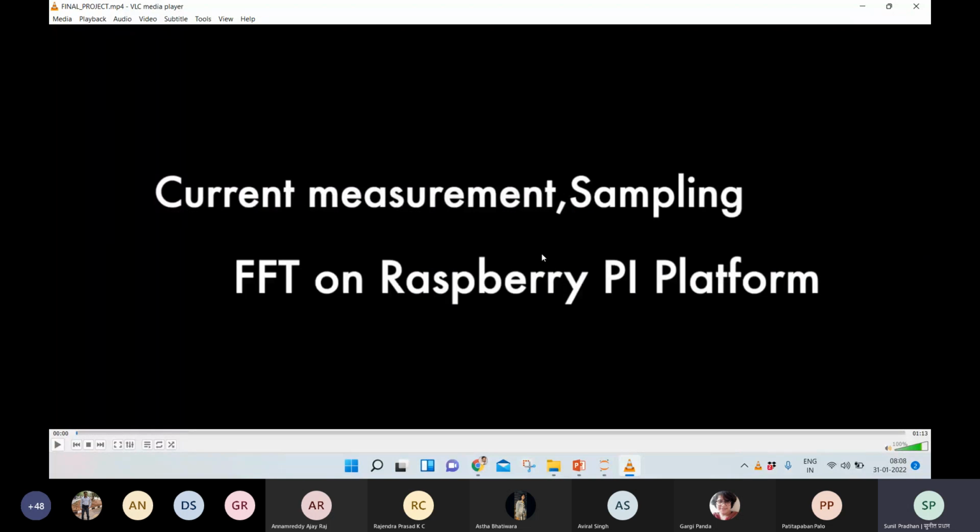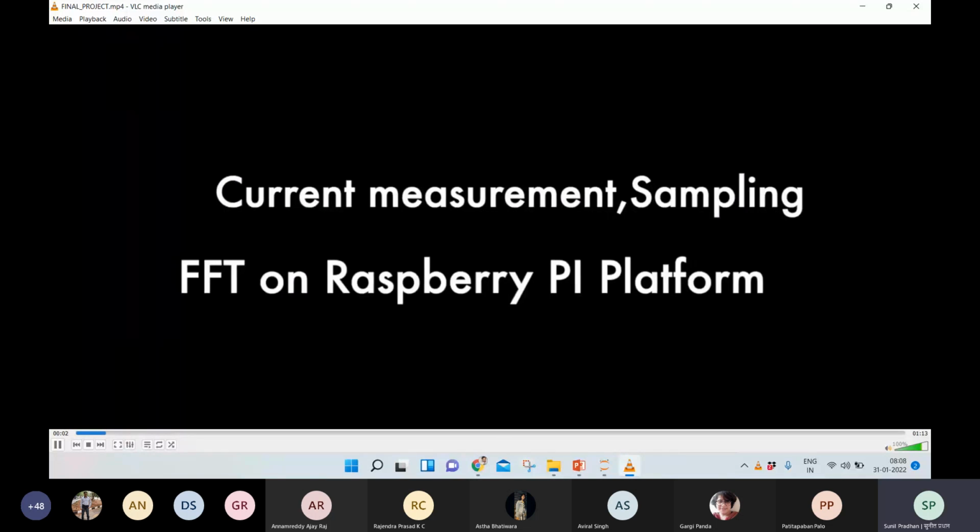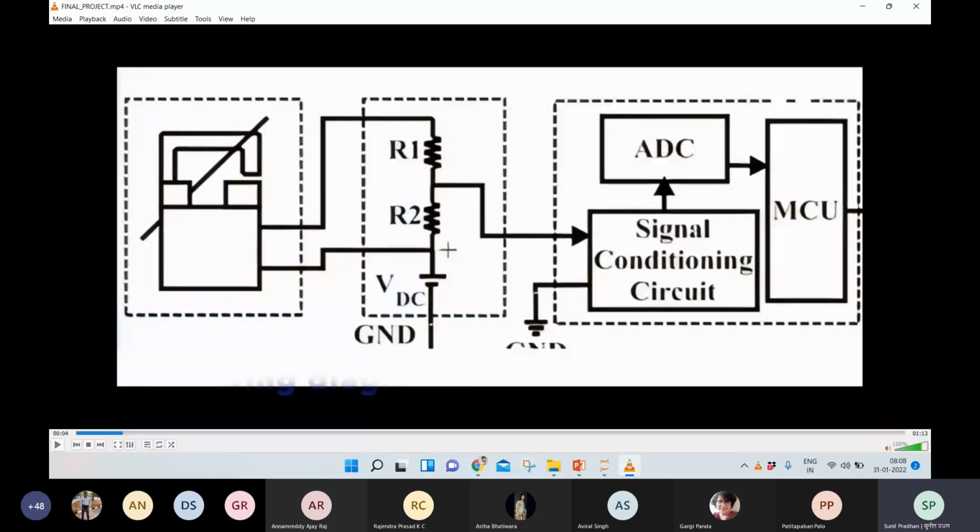So in today's class, we are going to see how we are measuring current non-invasively, how we are sampling it, and how we are getting the fast Fourier transform on a Raspberry Pi platform. All this we will be seeing in this PPT. Just for an overview, I am playing this video so that you all can get an idea.